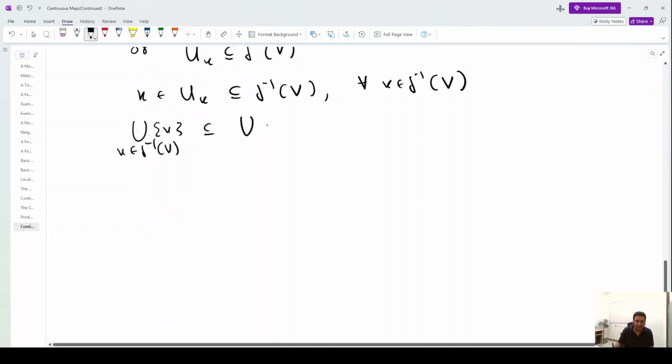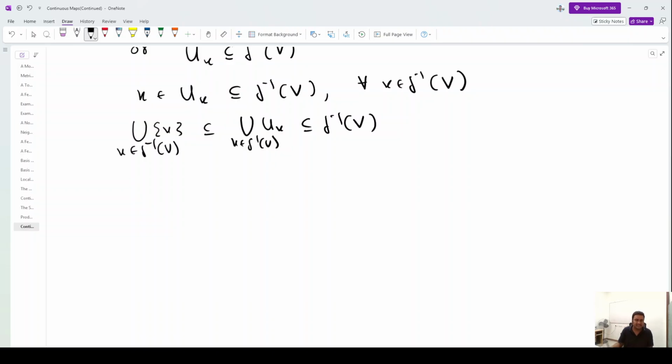The union of U_x, x in f inverse of V. Does something click in your mind? Something similar to bases, right? There was a theorem regarding bases. Anytime you see this union, it is this only. And what is this? This is f inverse of V.